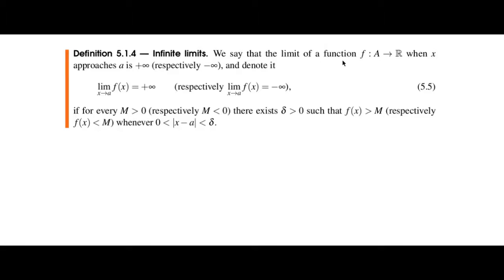So we say that the limit of a function f when x approaches A is plus infinity or minus infinity, and denote it like this, if for every m that's greater than 0, or smaller than 0 if we're thinking about negative infinity, there exists a delta greater than 0, such that the value of the function is greater than m, or smaller than m if we're thinking about negative infinity, whenever x minus A is between 0 and delta.